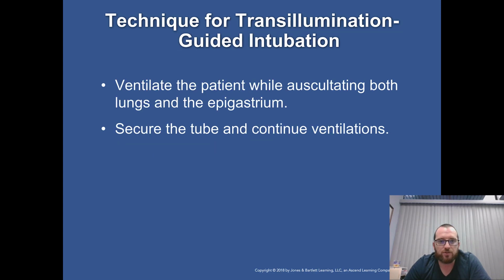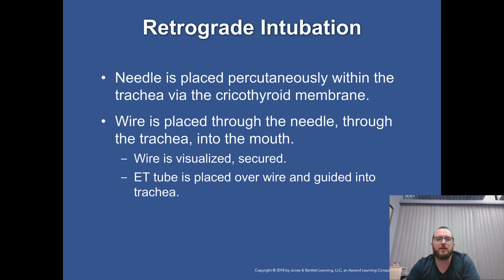All right, so it's the transillumination. Now, retrograde intubation is almost like the reverse of a needle crike, right? We're putting the needle in through the cricothyroid membrane, but then we're feeding a wire up. Instead of normally needling down, we're feeding that wire up, and then you'd pull that wire through, so you've got this weird wire in the mouth and wire through the cricothyroid membrane, right?